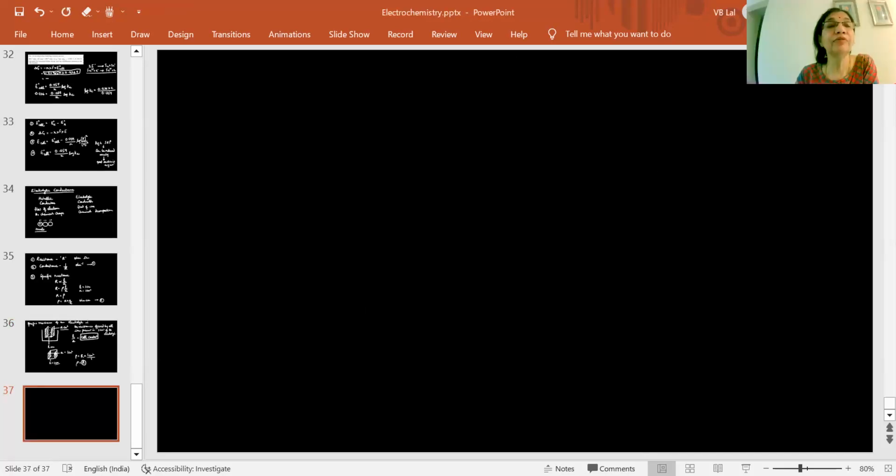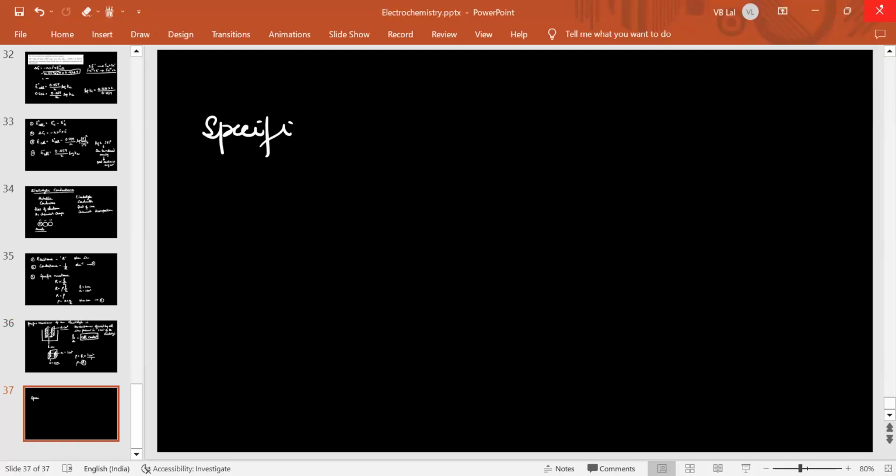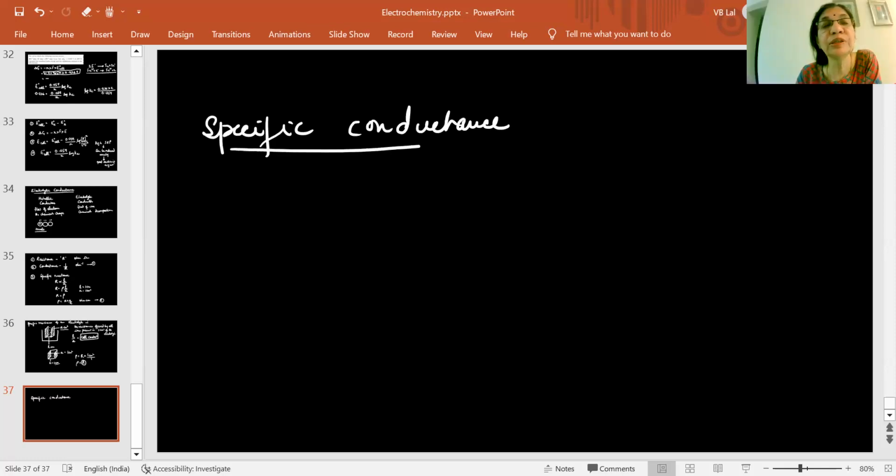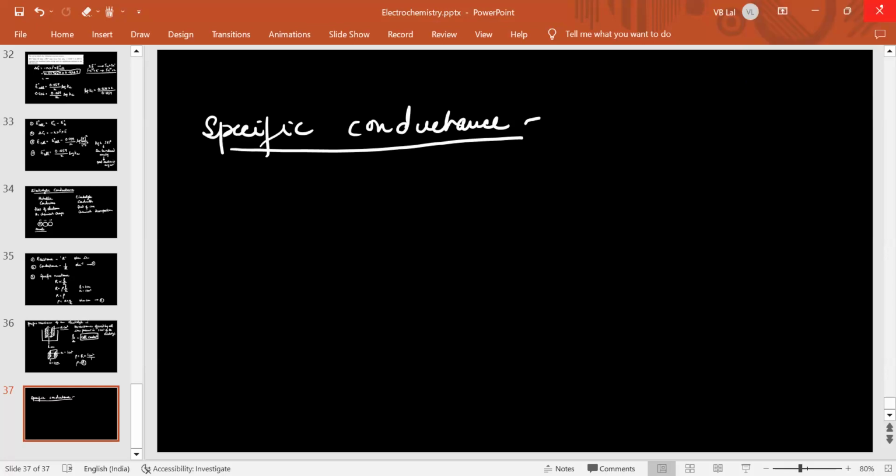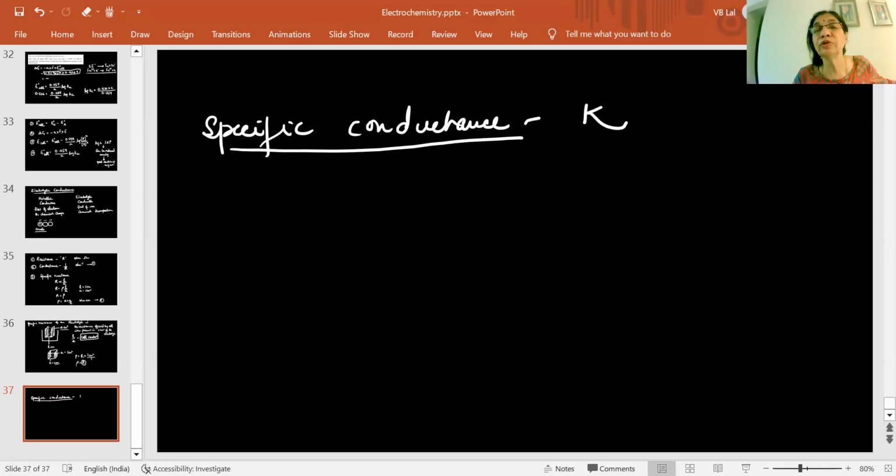The next thing that we have to understand is specific conductance. Now, what is specific conductance? Specific conductance, in chemistry, we measure it in terms of kappa.